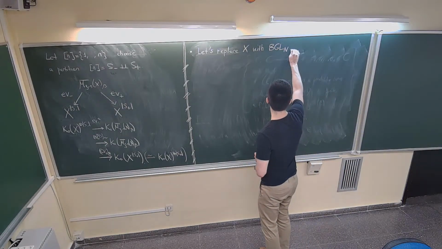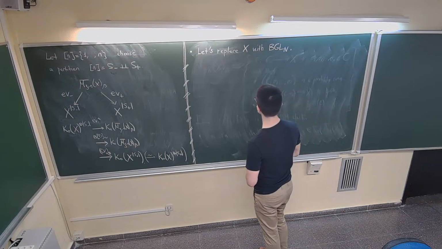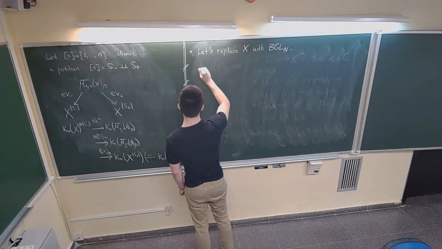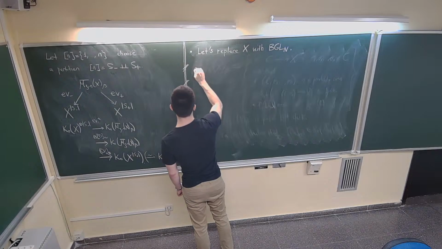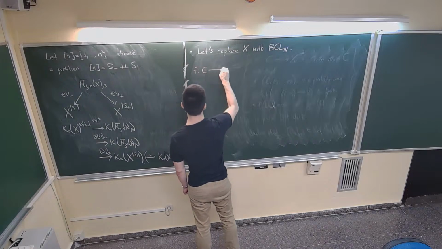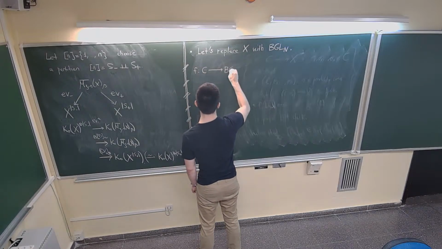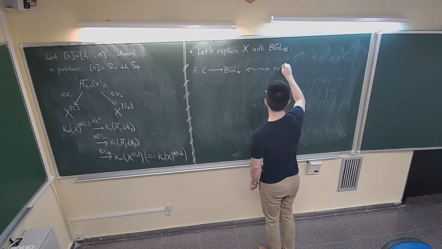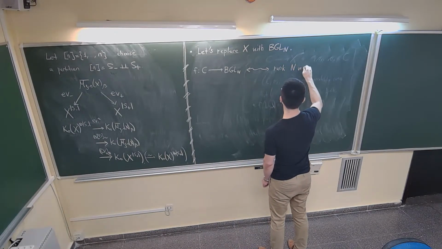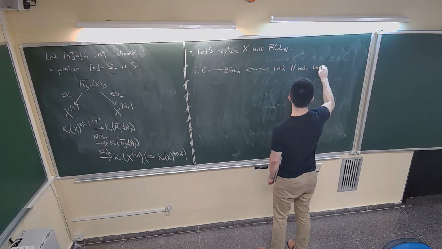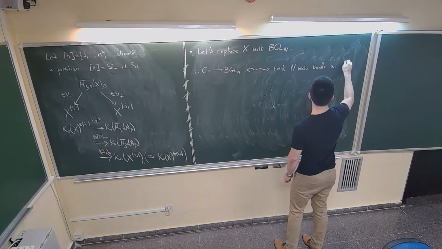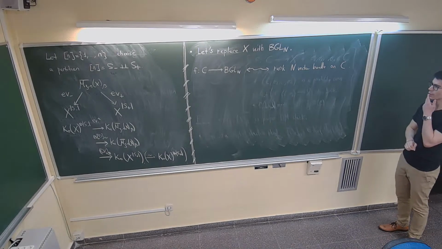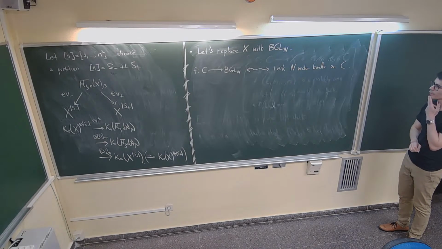Okay. All right. So I want to count curves in BGLN, and just as a reminder, a morphism from a curve into BGLN is the same thing as a rank n vector bundle. So really what we're doing is we're counting nodal curves with rank n vector bundles.